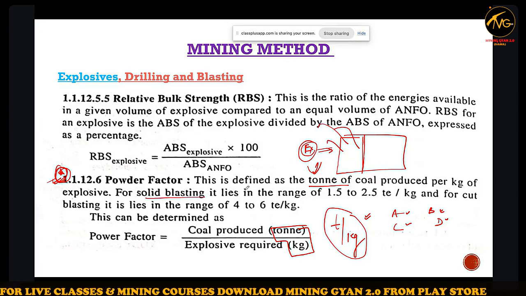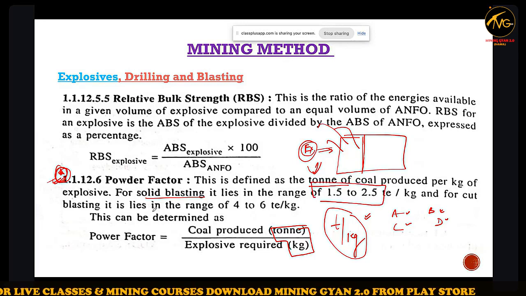For solid blasting, it lies within 1.5 to 2.5. For cut blasting, it lies between 4 to 6 ton. ये इतना जरूरी नहीं है.